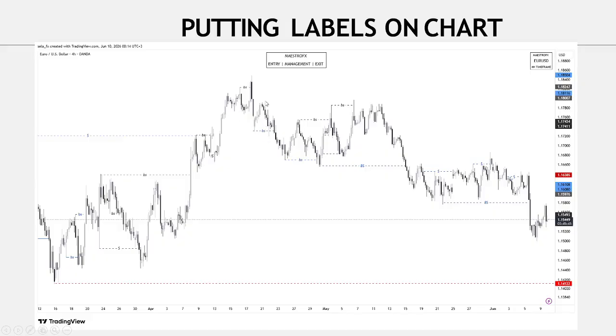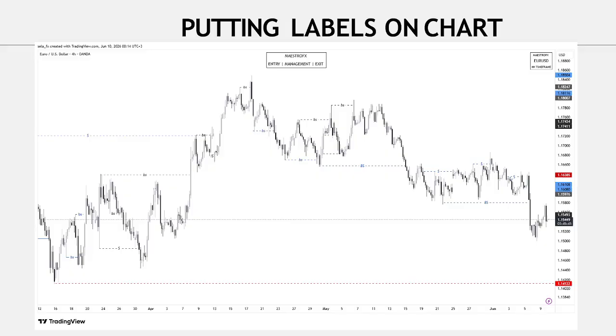Price shifted, then supply, demand, supply, demand. After a deep retracement, you can see that price shifted to the upside and again continued to the downside. So this is price action when labeled.